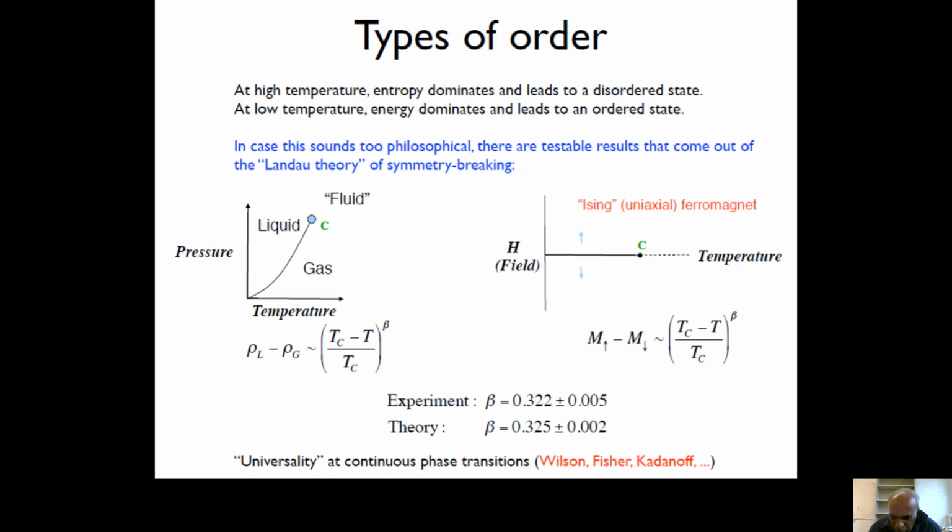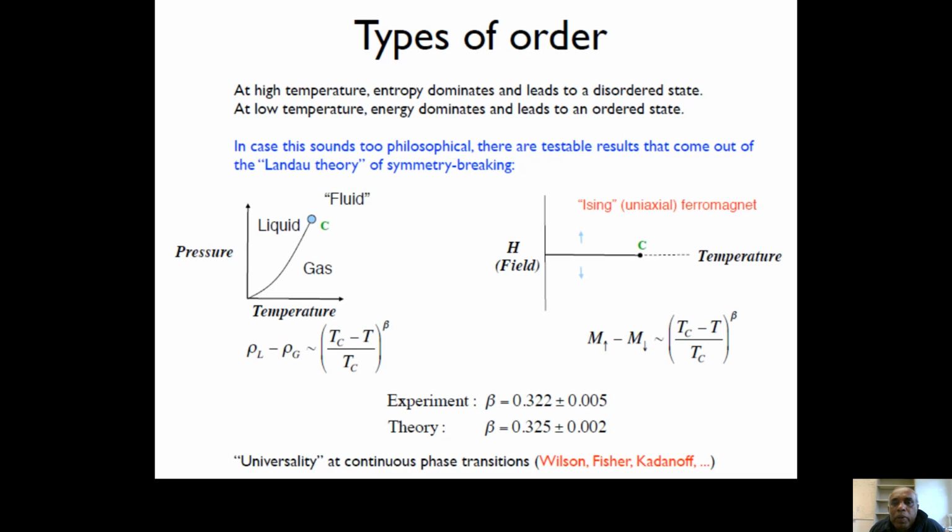So your dS is always greater than or equal to 0. If you talk about high temperatures, since the entropy dominates, it always leads to disordered states, right? Because entropy means you are favoring disordered states.